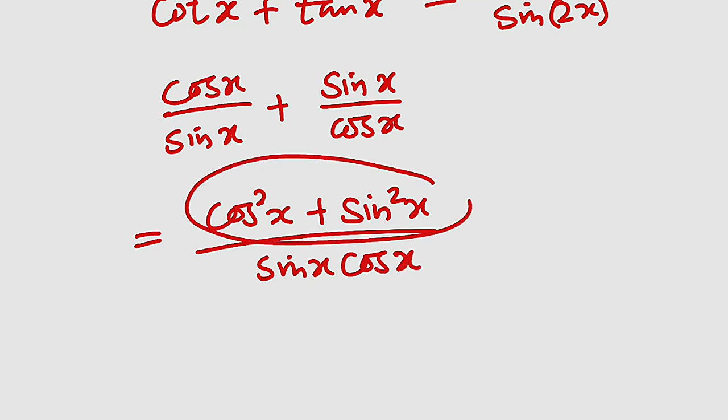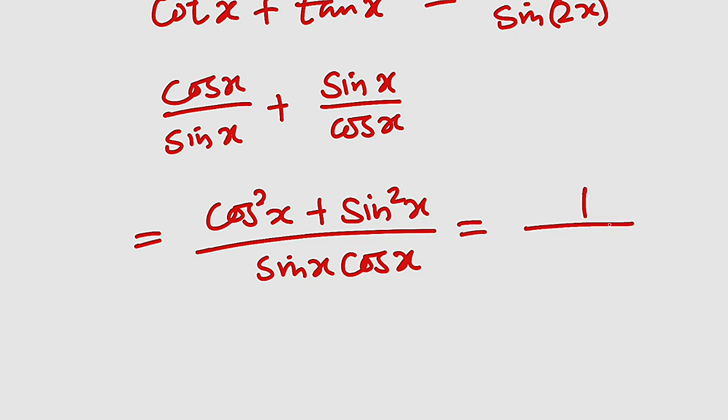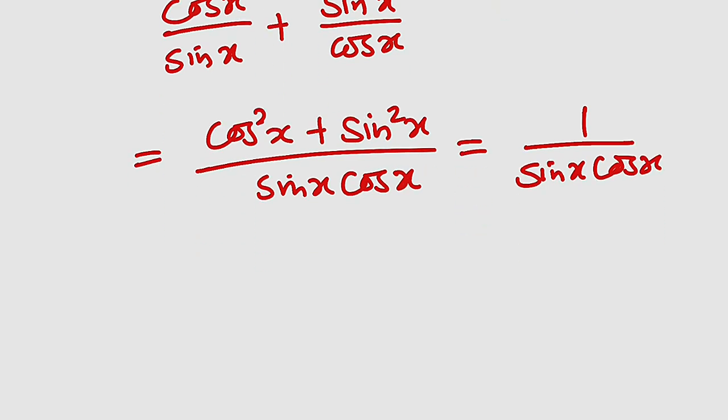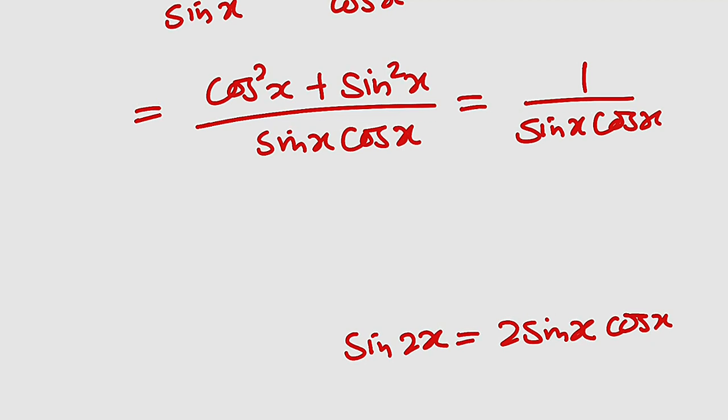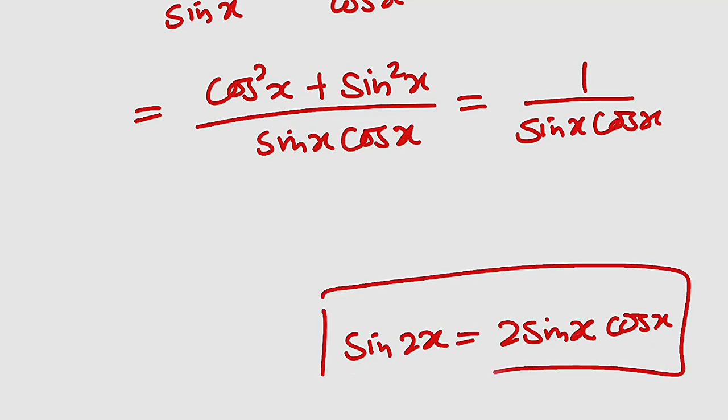But you should remember that this is an identity equal to 1, right? So we can write this as 1 divided by sine x cosine x. This is another thing you should remember. Sine 2x is the same thing as 2 sine x cos x, which is almost similar to this one, just that we don't have that 2. So we can multiply the top and the bottom by 2 so that it will correspond to this, right?